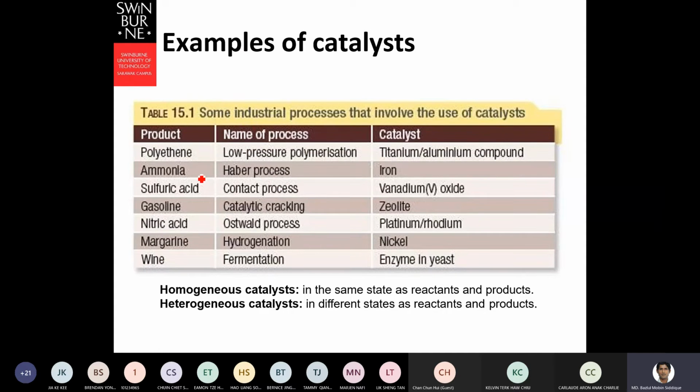There are various types of catalyst, which can be homogeneous and heterogeneous. For a homogeneous catalyst, the catalyst is in the same state as the reactant and product. Like we have reactants in gaseous form and both are in gas form, or both are in liquid form.